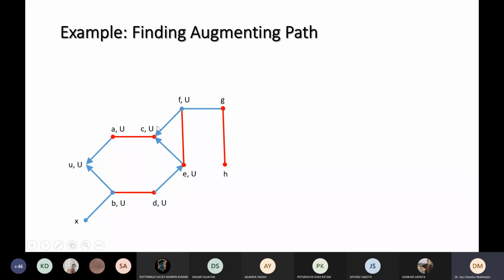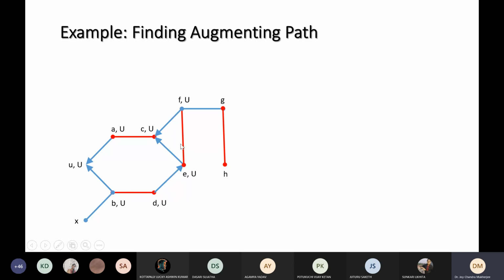Suppose at this stage the question is how do you find that U will be my super vertex? Suppose from B, who was B's parent? U was. Suppose you reach here, the other edge of B must be a saturated edge. So you go by BD. D's parent was E, so you go to DE.